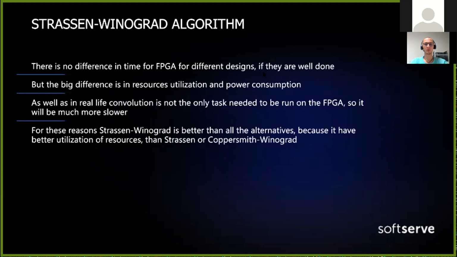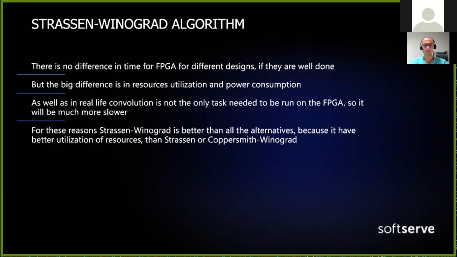For designs that use GEMM or Vinograd algorithm, we don't speak about ABM SPConv here because it's from an article that compares only GEMM, Winograd, and Vinograd algorithms. But the big difference is that resource utilization and power consumption are better using this Strassen Vinograd algorithm.